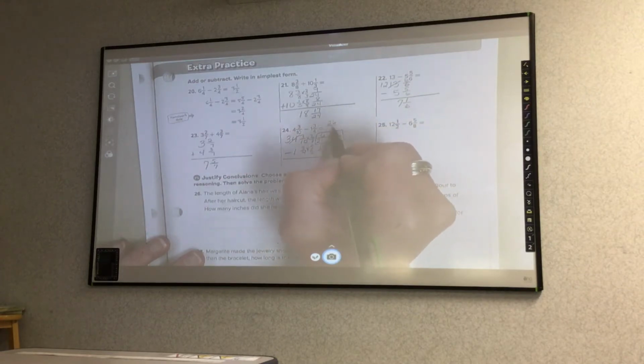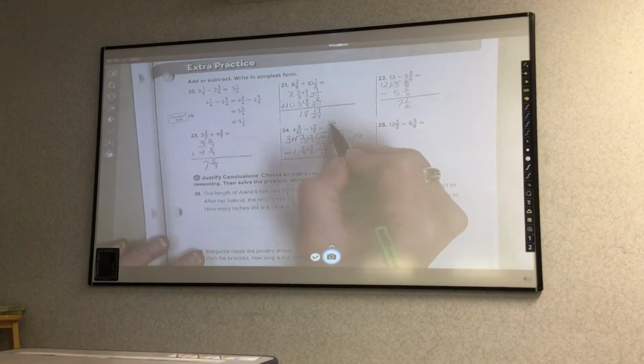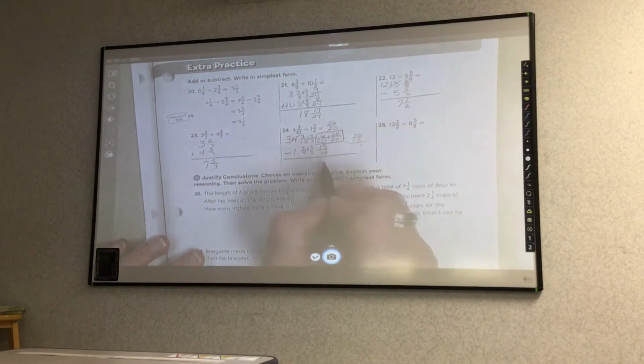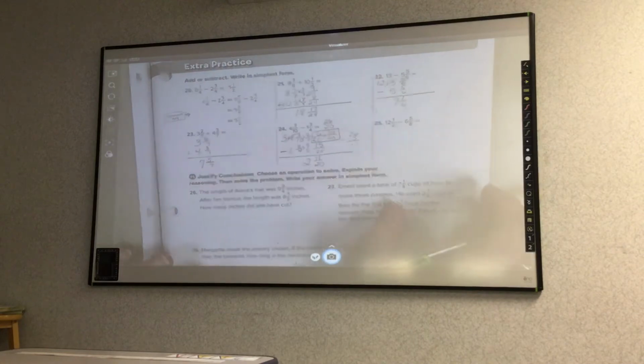So now I have 26/20. So now I can take the 26 minus the 15, which is 11. So then I have 11/20. 3 minus 1 is 2. And then I look and see at the end, can I reduce? And I cannot, so it's 2 and 11/20.